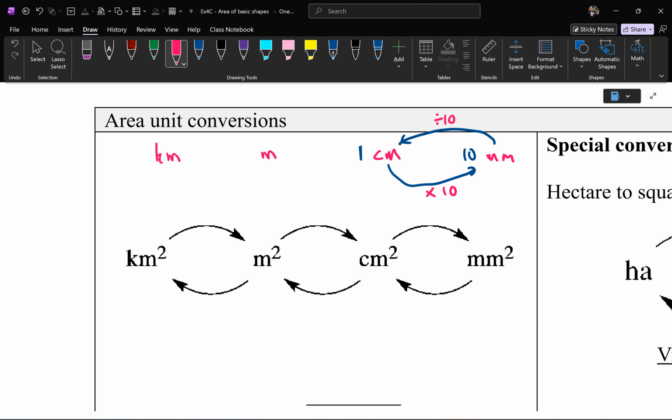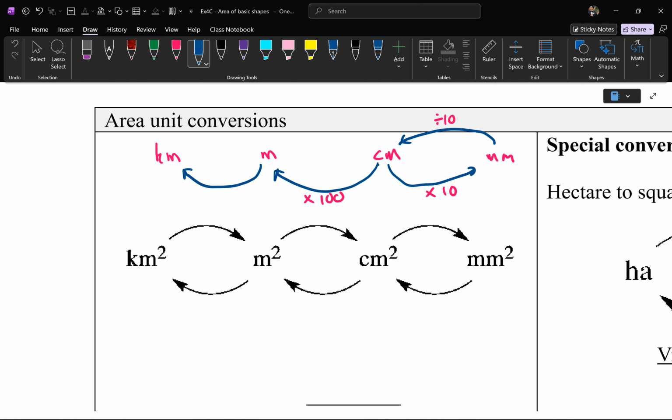That's the logic. So that means all the timesing should be on the bottom. Okay, millimeters to centimeters times 10. What about from centimeters to meters? How many centimeters make 1 meter again? 100. So this is times 100. I need 100 of these to make one of those. And then you follow the same pattern again.